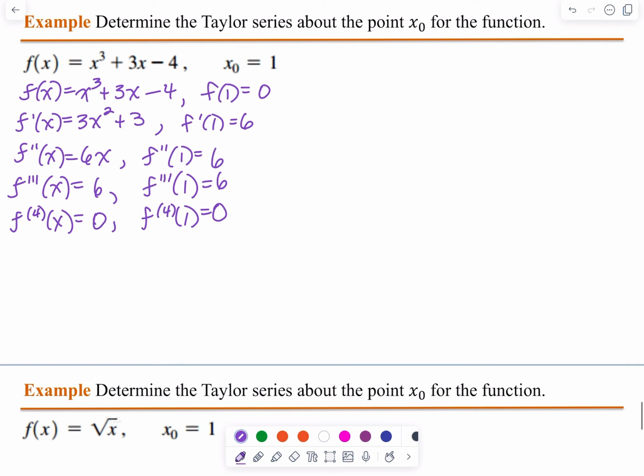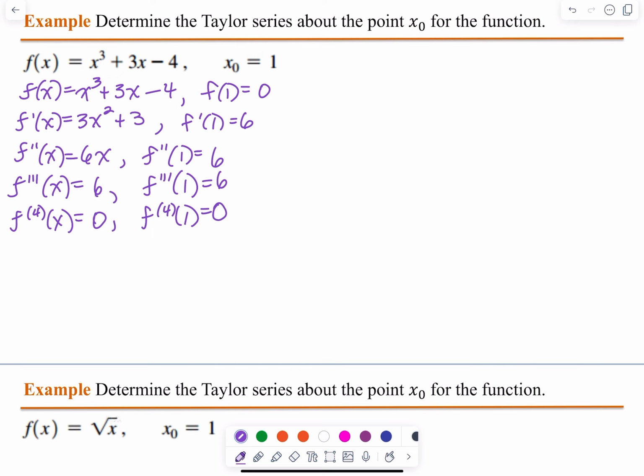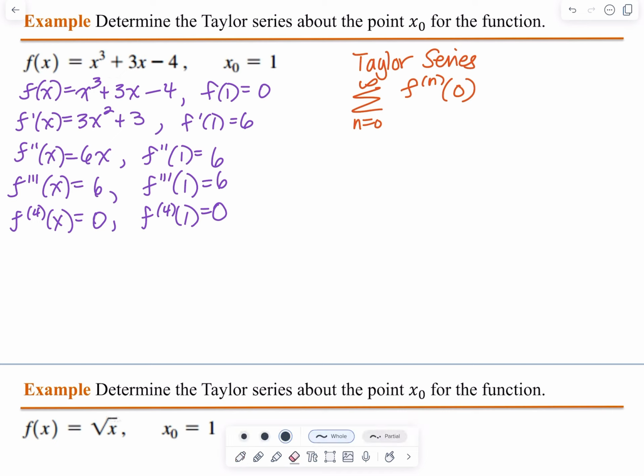Okay, so now let's take a look at this. We know for our Taylor series that we want the sum n equals 0 to infinity of the nth derivative, and in this case we're going to evaluate that nth derivative at 1 and divide it by n factorial and multiplied by x minus 1 to the nth power.